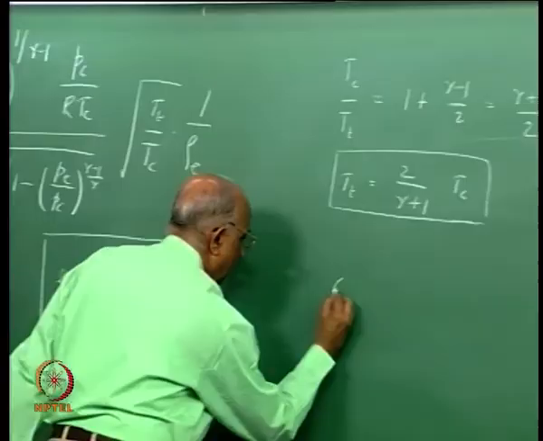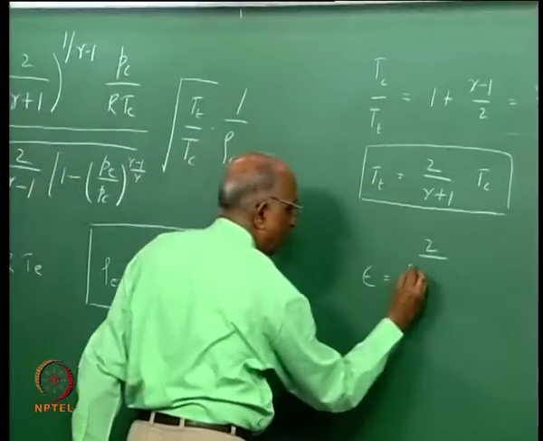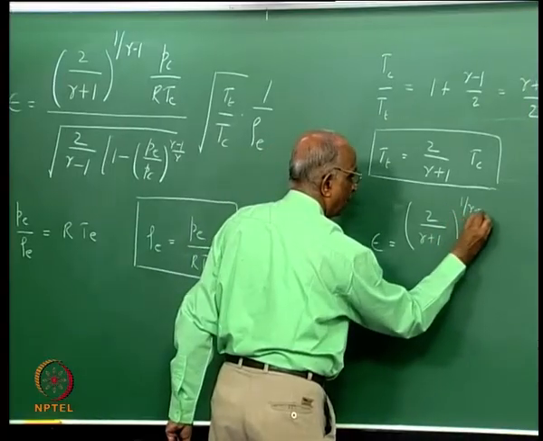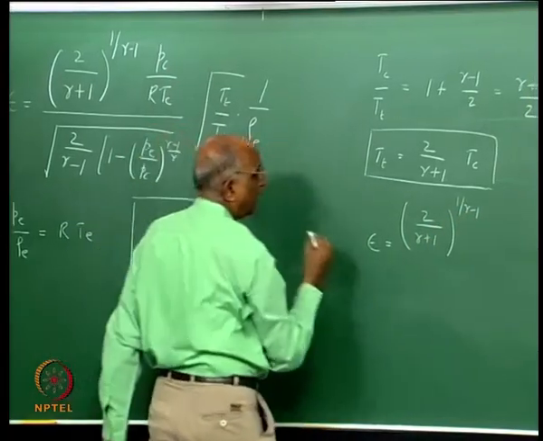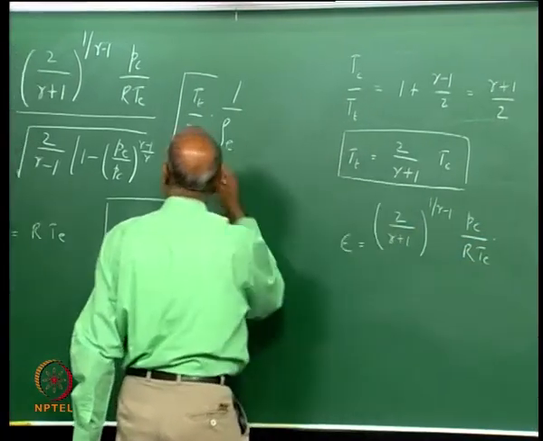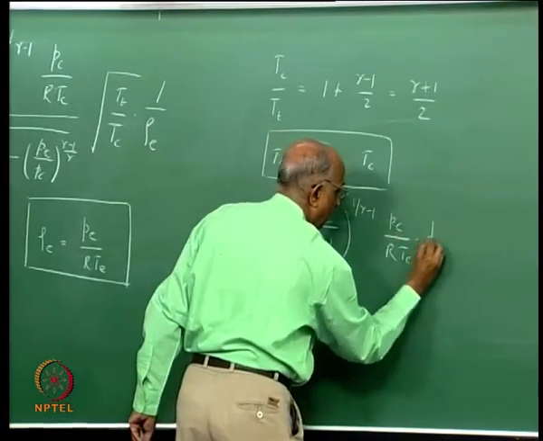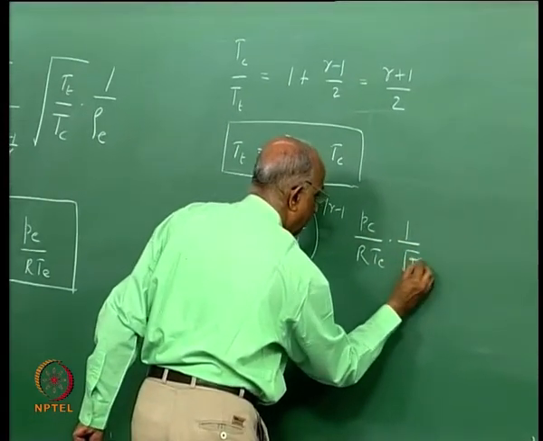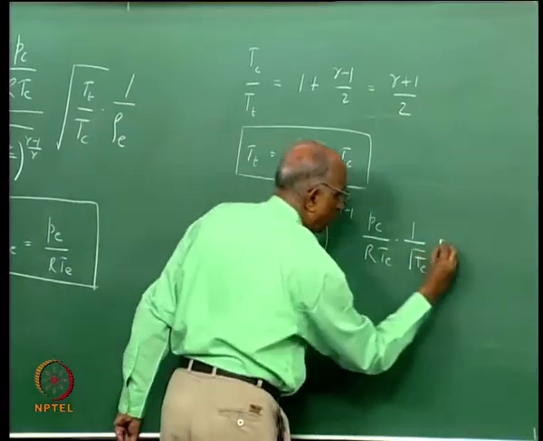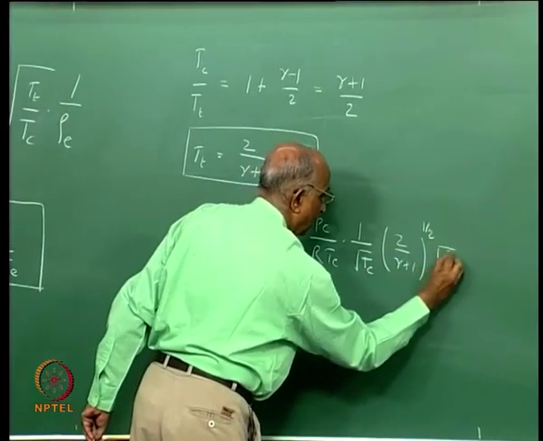And now we therefore get the area ratio epsilon as equal to 2 over gamma plus 1, to the power 1 over gamma minus 1, and now Pc divided by R Tc, and now I get the value of Tt divided by Tc, which I write as 1 over under root Tc, which is over here. Under root Tt I can write as (2 over gamma plus 1) to the power half into under root Tc.